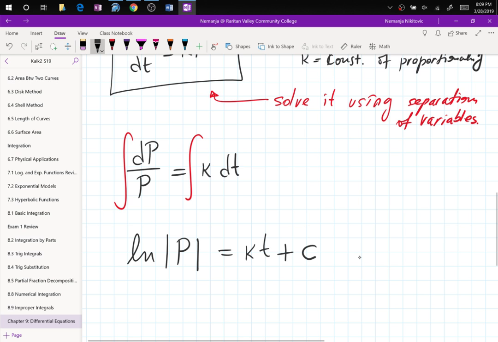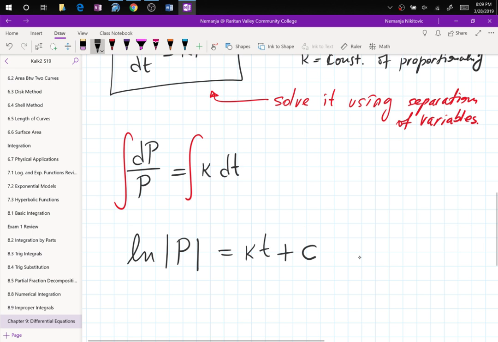It's not there for decoration. Plus C. Now, before you ask, how about plus C on the left side? Well, plus C1 on the left, plus C2 on the right, and then you combine C1 and C2 into C. So you just put plus C on one of the sides.